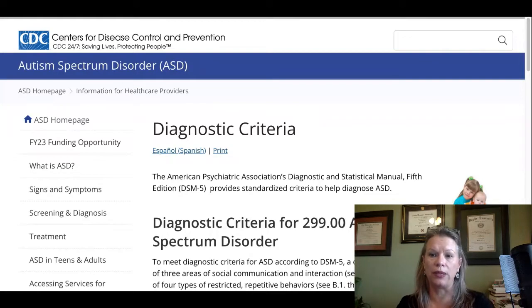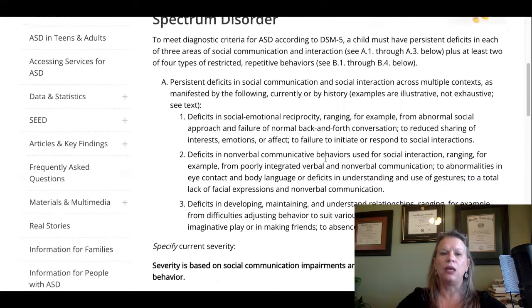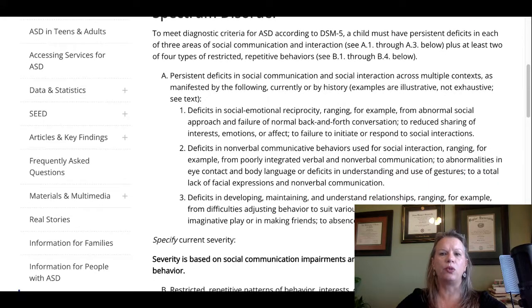It's very broad. There are 3 levels. Level 1, if you read more on the CDC website, you will find that there's quite a bit of information on the deficits, and they have to have at least 2 of the 4 types of these restricted repetitive behaviors. You can read more about this on your own. I don't want to necessarily read it to you, but again, going back to level 1, level 2, and level 3.